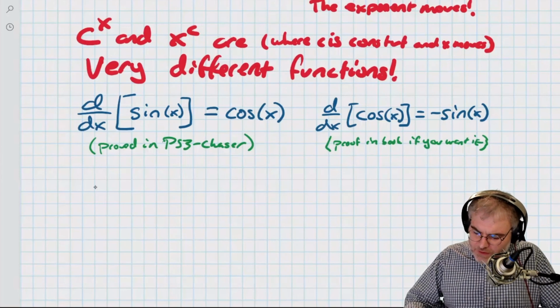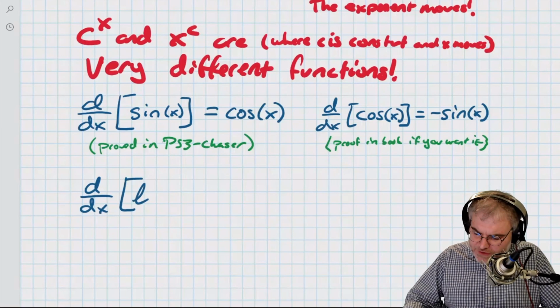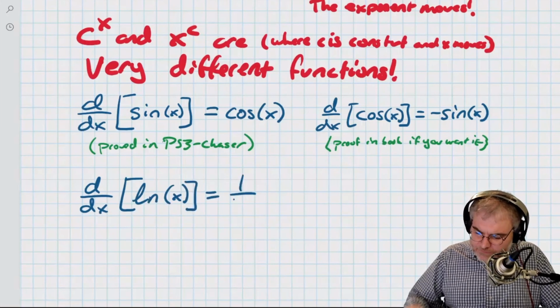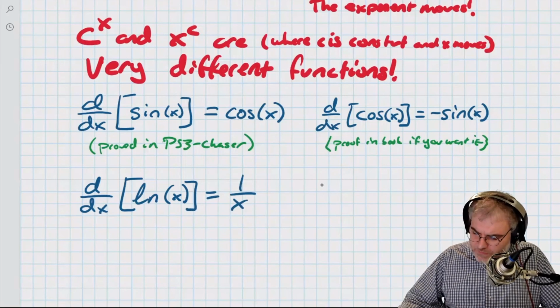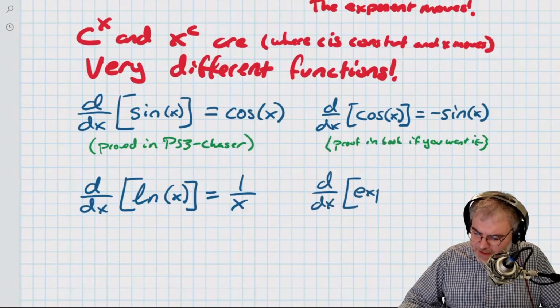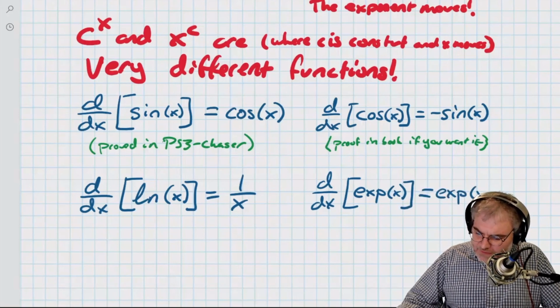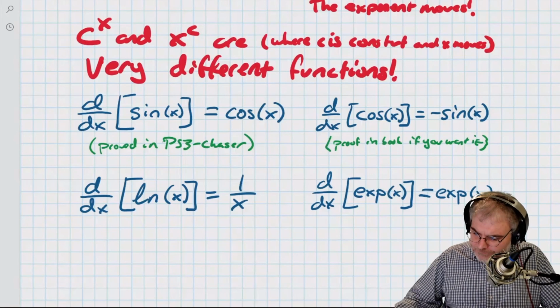Okay. The derivative with respect to x of the natural log function equals 1 over x. The derivative with respect to x of exp of x equals exp of x. And this is an important one.